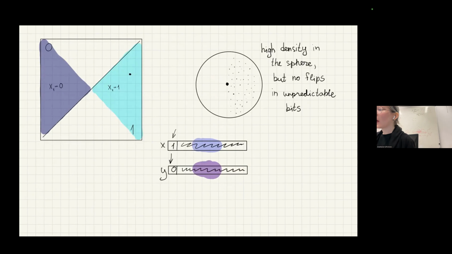So now a procedure would be, we're looking at the set of ones, and we have dense spheres now around any point in the input. But now I know that, so yeah, here's X here. But I know that in each of these bit flips, I see the first bit.